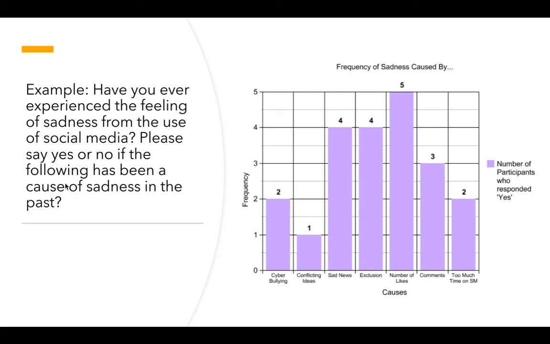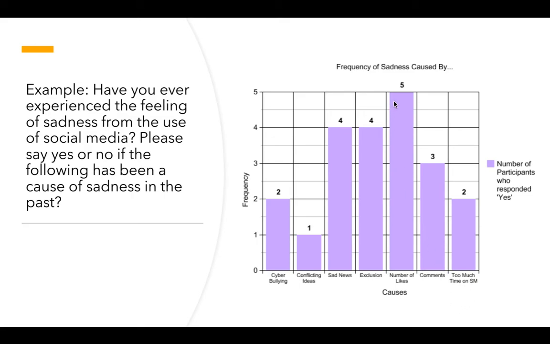So an example is from Aiko's interview. One of the questions that she asks is, have you ever experienced the feeling of sadness from the use of social media? Please say yes or no if the following has been a cause of sadness in the past. She's given several different causes that she lists out, and her participants literally have to say yes or no: cyberbullying, conflicting ideas, sad news, exclusion, number of likes, comments, too much time on social media.